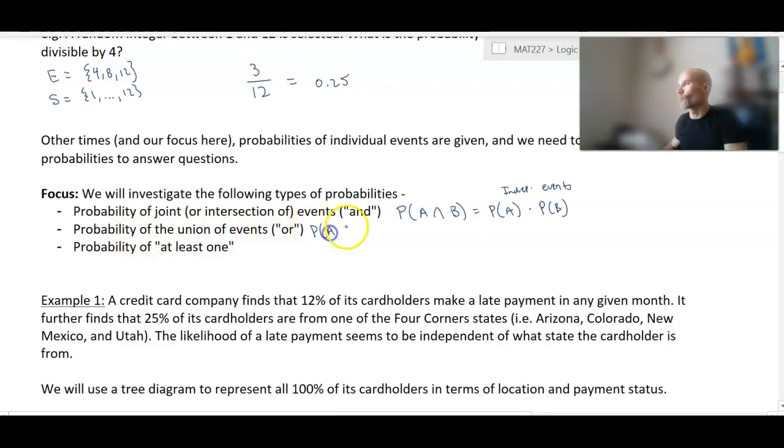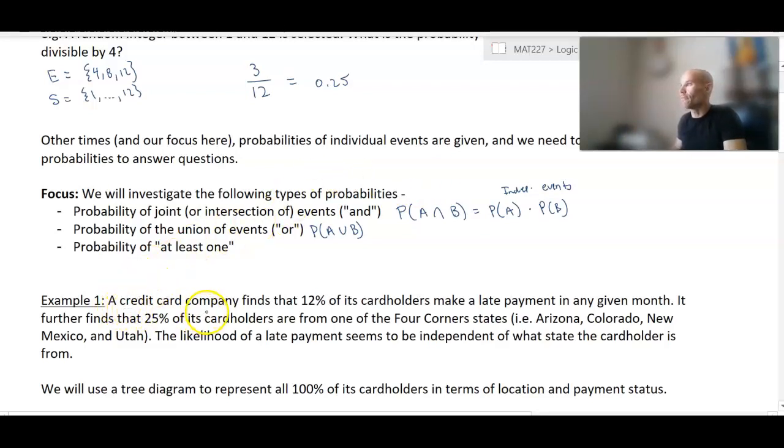And we remember that when we're working with sets, it's A union B. Now, we're not really going to work with sets here, but I just want the formulas to emerge out of an understanding of what it actually means. And then the probability of at least one thing happening. So maybe we want to know what's the probability of getting at least one day of rain in, say, 2 weeks.